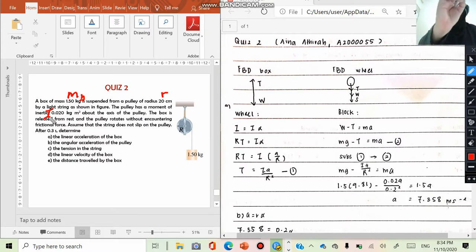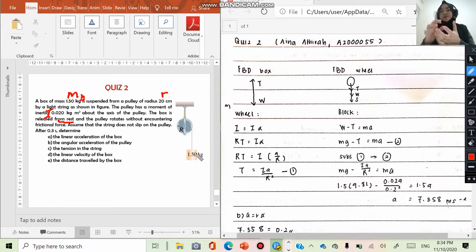And the box is released from rest. Ada keywords dia lah: release from rest. So you know that the initial velocity will be equal to 0. Ni saya gariskan je. And the pulley rotates without encountering. So bila box ini dia release from rest, the pulley akan rotate.